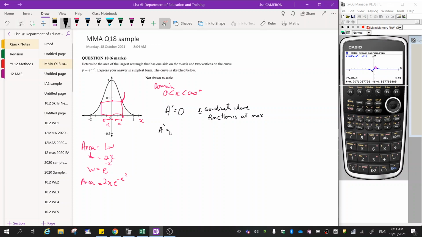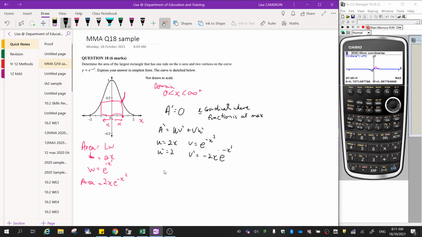So A dash is going to be equal to U times V dash plus V times U dash. U is going to be equal to 2x, which means U dash is equal to 2. V is going to be equal to e to the power of negative x squared, which means V dash is equal to, derivative of this top section will be minus 2x, and we have e, and then that won't change.